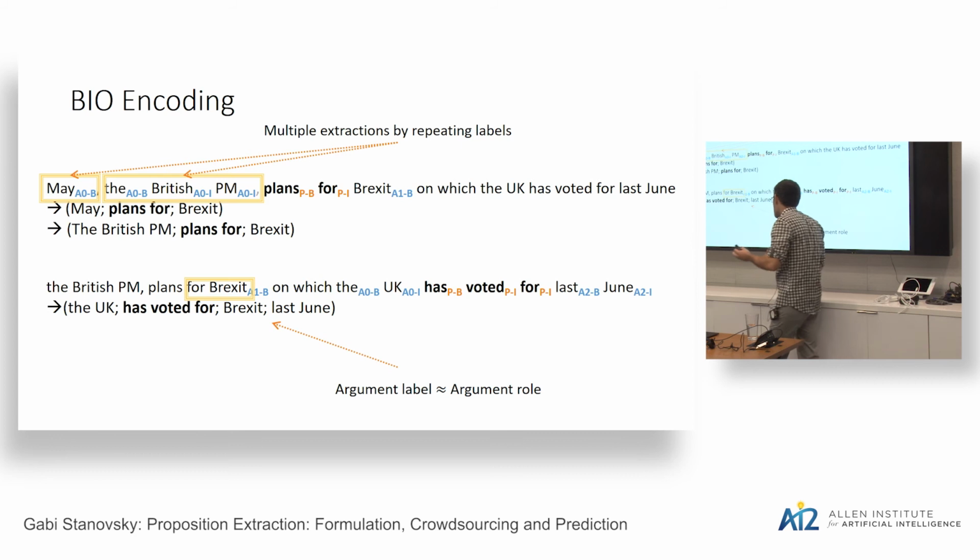So there's some interesting correlation between the argument label and the argument role. Saying that something is A1 is more than just saying it appeared after the specific predicate in the sentence. For OpenIE, it's somewhat of a softer notion of role as opposed to the more rigid SRL roles.